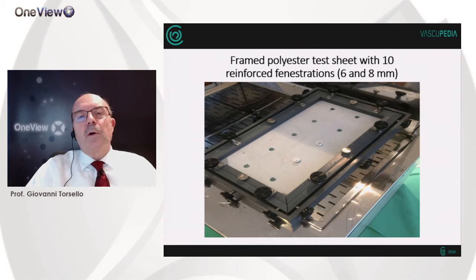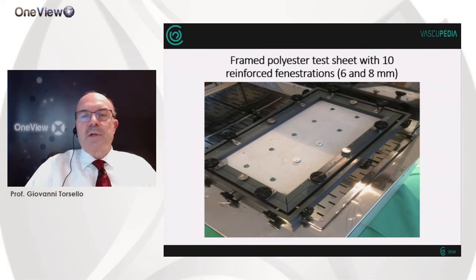But before we tested the graft in the patient, we made also some benchtop tests. And as you can see in this slide, Cook gave us a polyester sheath with fenestrations, which are reinforced like the fenestrations we use in the patient.